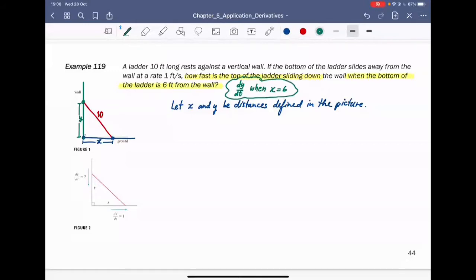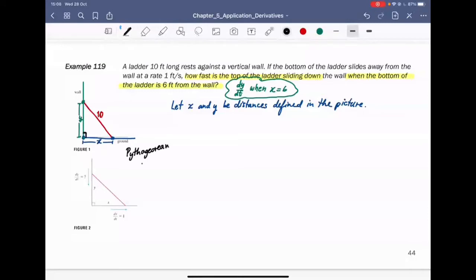Once you have everything ready here, you can see that what you need is the relationship between the two variables x and y, right? You have x and y here, but you need the relationship between them. When you see a right triangle here, everyone should know that what can help you is the Pythagorean theorem.